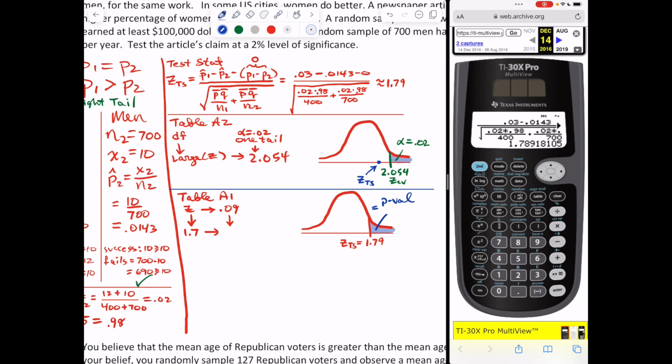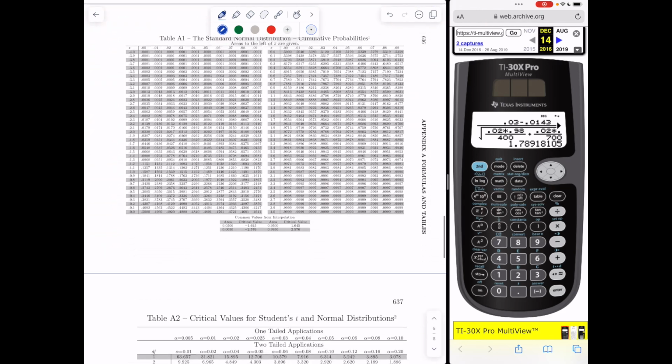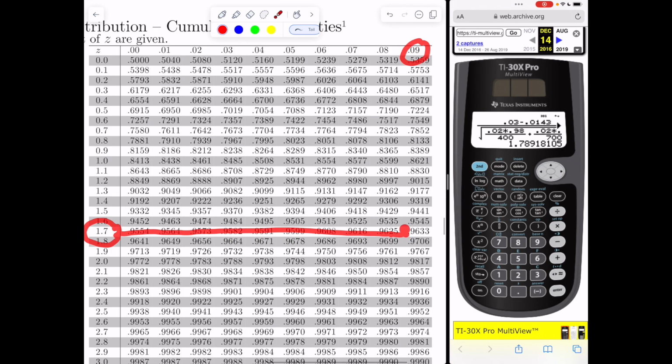Okay, so 1.79, this is table A1. Here we go. 1.7 right there, and then 0.09 way over there. Okay, and it looks to me like 0.9633 is what we want.